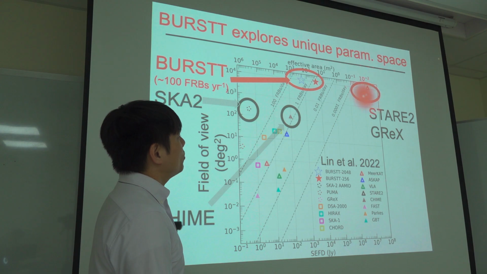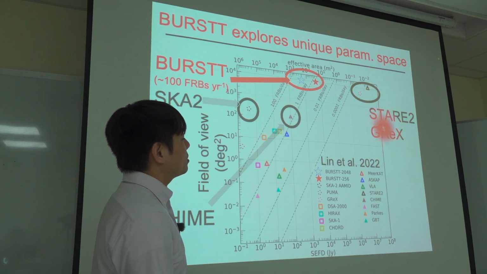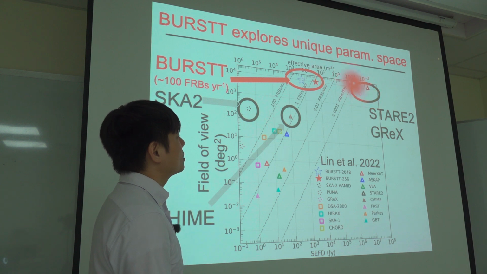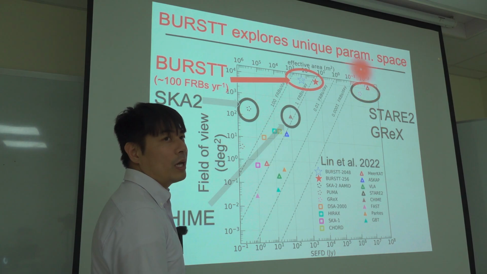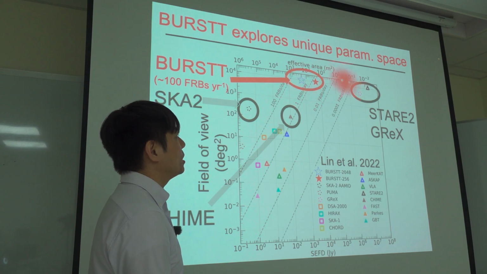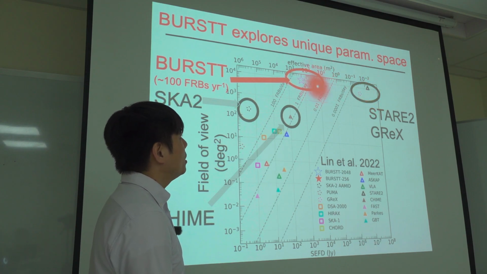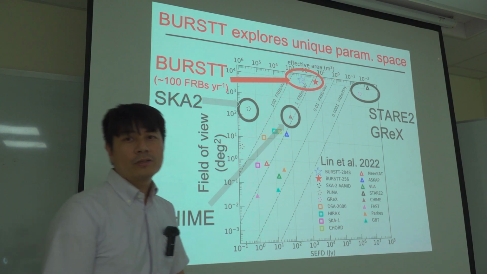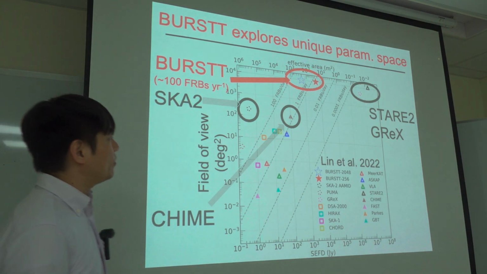Maybe these two projects, STARE2 and GReX, which are American projects, have a similar field of view on the y-axis, but the sensitivity is very different. Okay, so left is better. So we have several orders of magnitude better sensitivity than them. So therefore, we are very unique in this parameter space. That means our FRB sample will also be unique.